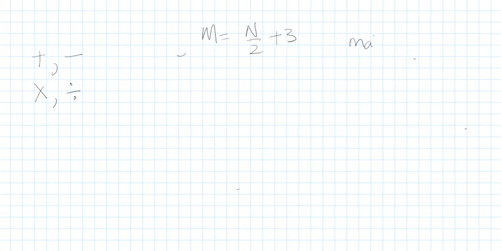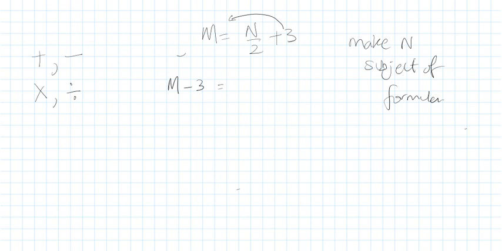And we need to make n subject of formula. Okay, so we can use the direct approach, which I just showed you. So +3, if you move to the left, it becomes -3. So m minus 3 is equal to n over 2.